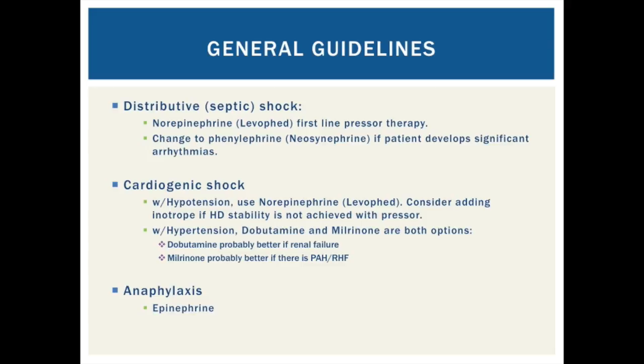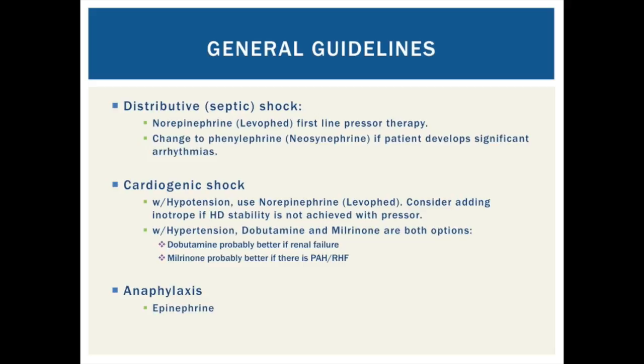We mean some sort of probably life-threatening arrhythmia. In someone who has cardiogenic shock, if you're hypotensive already, actually a lot of guidelines recommend using Levophed and considering adding an inotrope if the patient is not hemodynamically stable with that pressor.